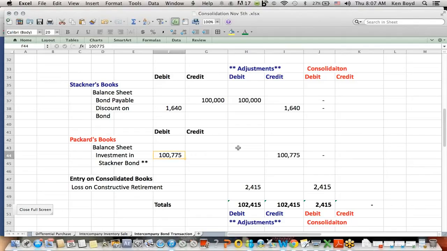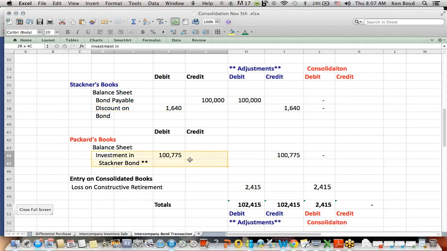The entire $775 also needs to get completely amortized as a premium, so it gets eliminated in consolidation. So we debit to remove the payable, we credit to remove the discount on bond payable. In total, some of it will already be gone after the purchaser makes their purchase of the bond. The point is it all goes away.